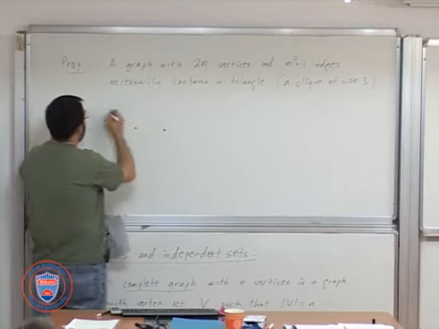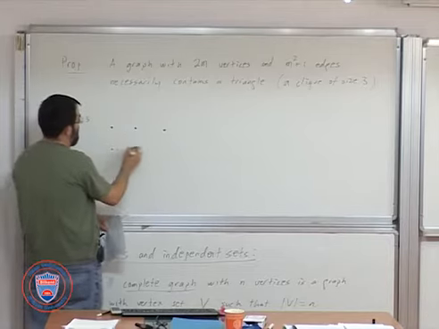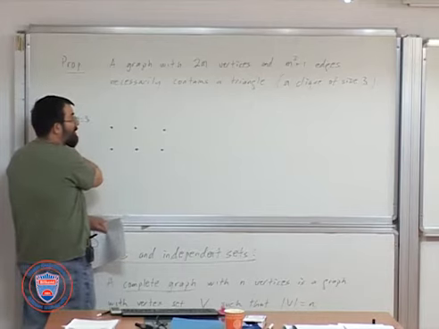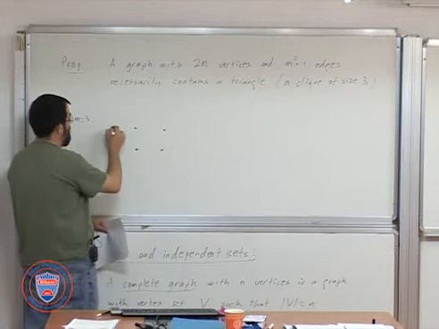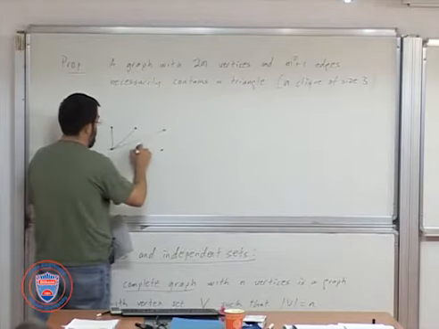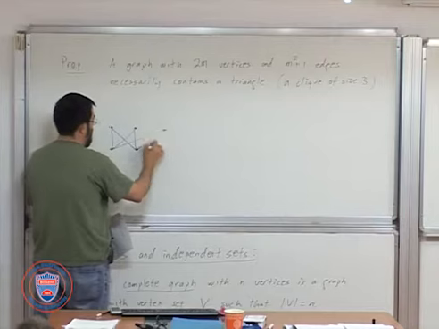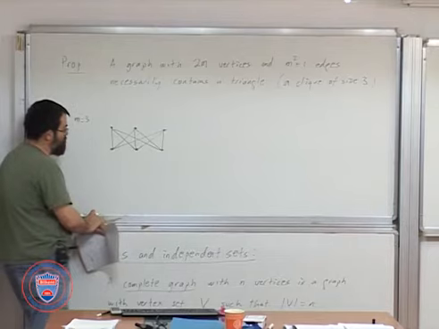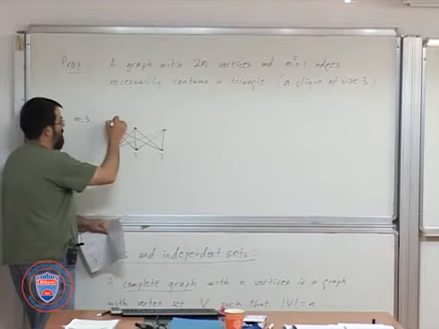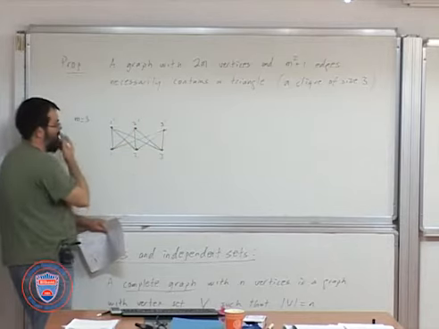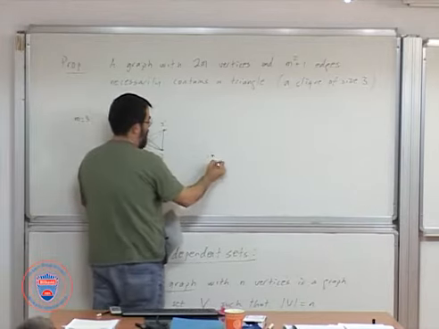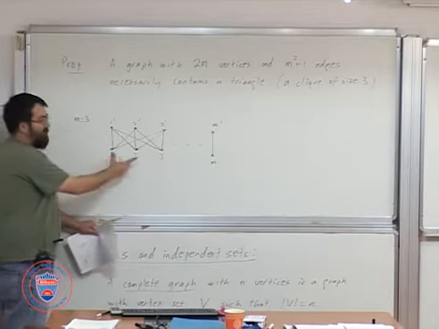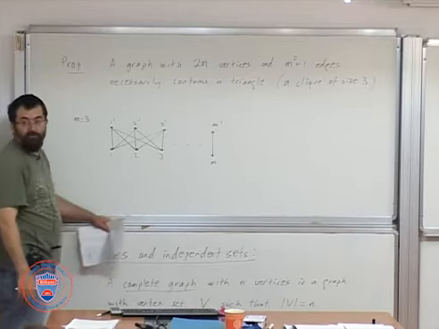So you can see that in general for every m, you can find graphs which have m squared edges which have no triangles. For 3 you can just focus on here, but this is true for general m.